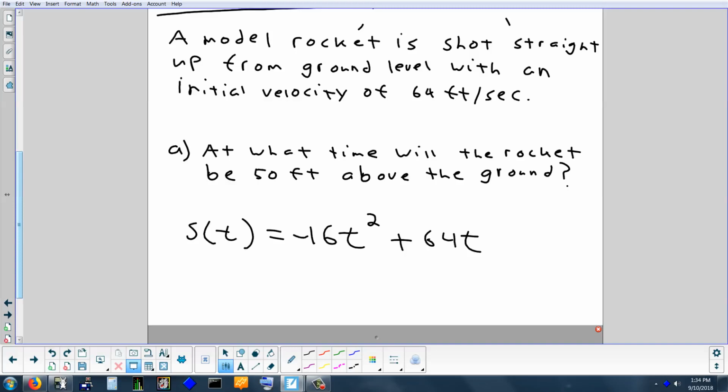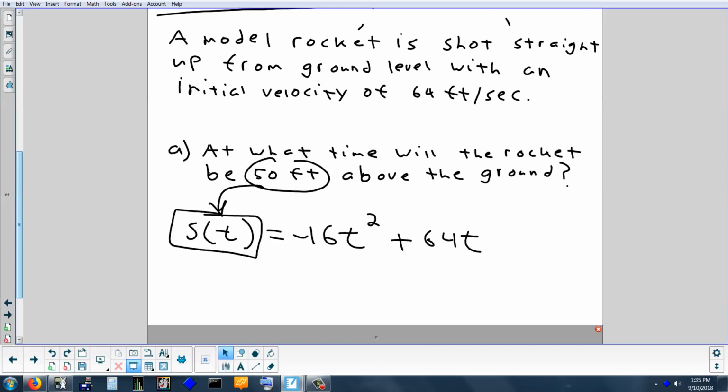Plus my initial height. What's my initial height in this problem? Yeah, Jacob? 0. So I don't need to put an initial height. So the question is, when do we hit 50? So we're going to graph 50. We're going to graph negative 16x squared plus 64x and see where they cross.